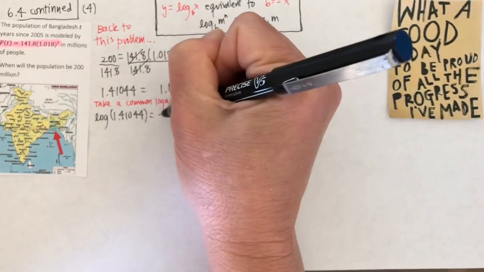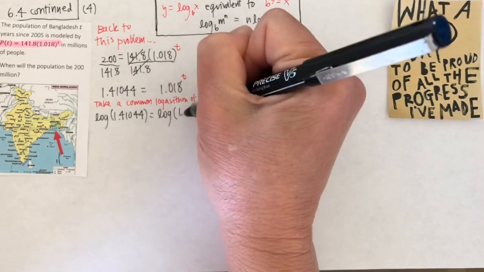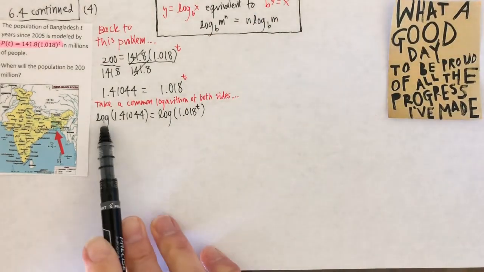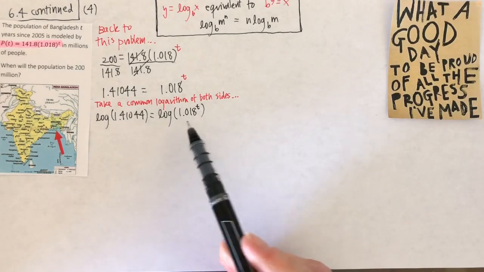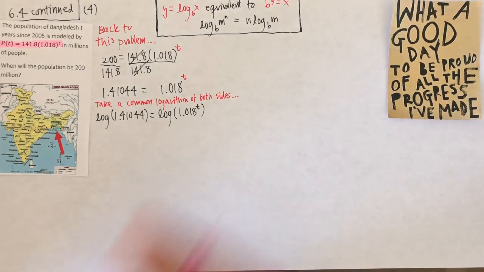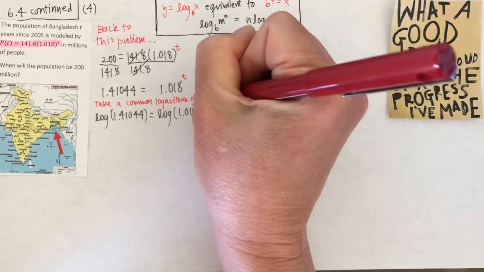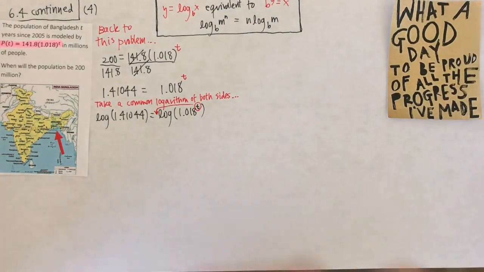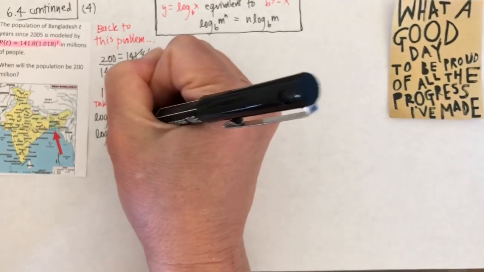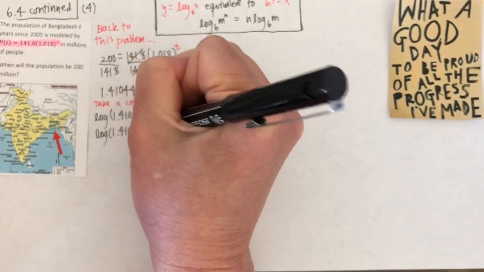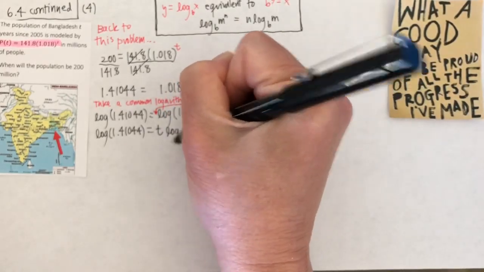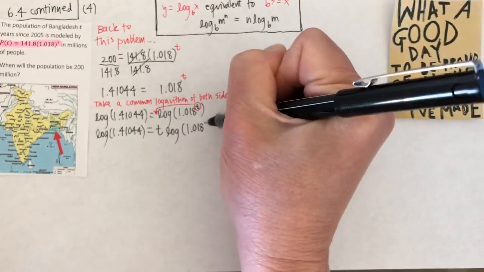Of that should equal log of this, since they're equal. Log of this equals log of this. Now I'm going to use the power rule that says this power here you can bring out front with logarithms. So the log of 1.41044 equals t times the log of 1.018.